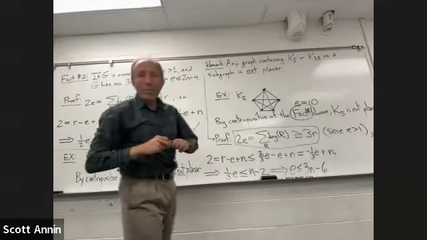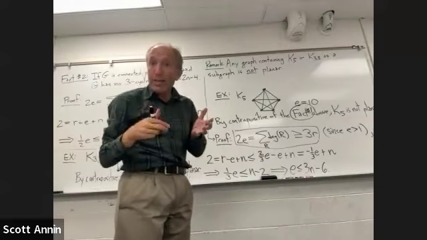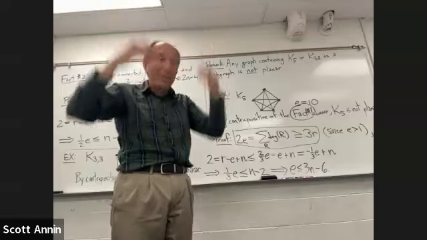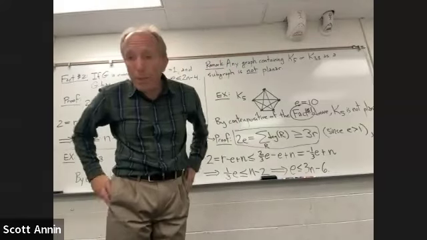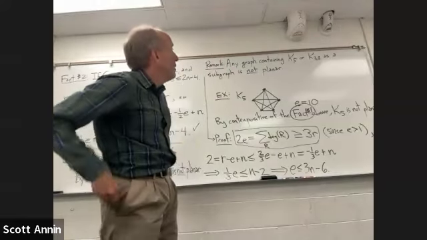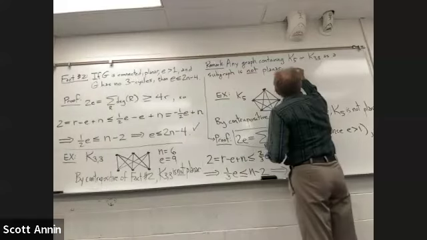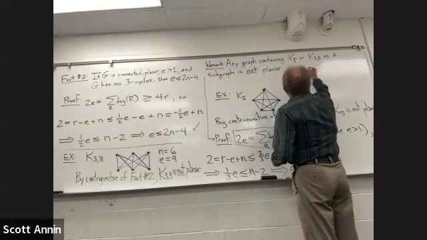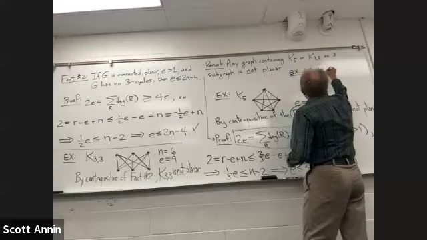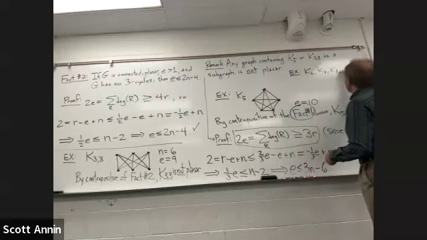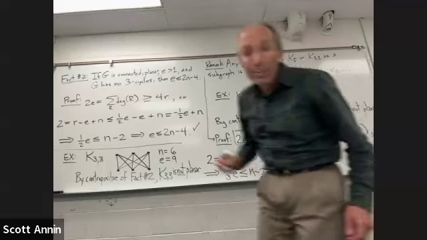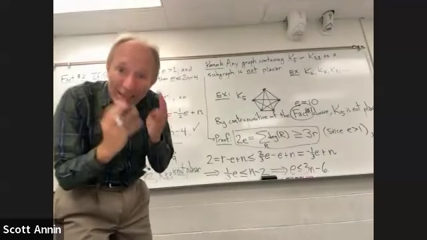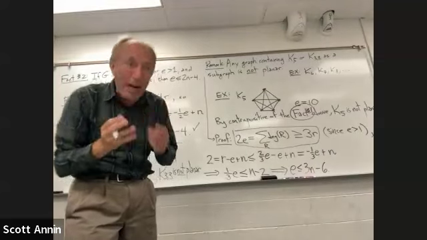Okay, so if K5 or if K33 is a subgraph of something larger, the larger graph would not be planar either, right? So for example, K6, K7, K8, any of those are all not planar because they've got K5 inside of them as a subgraph.